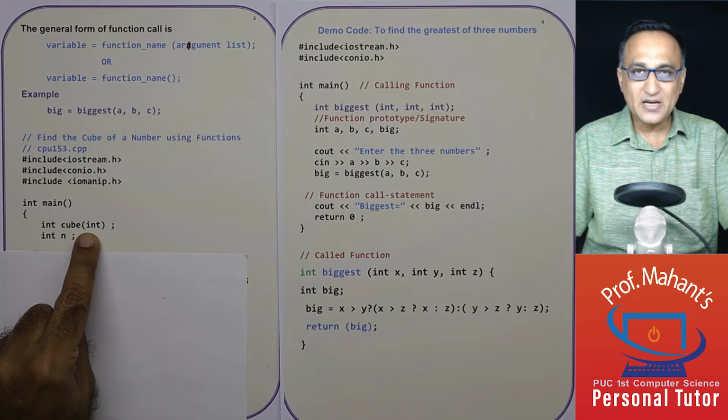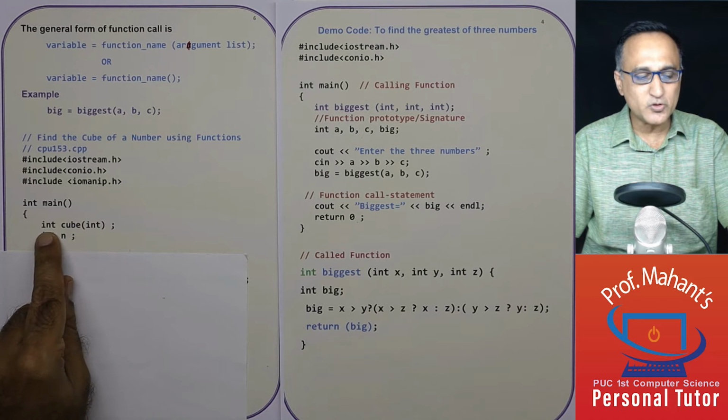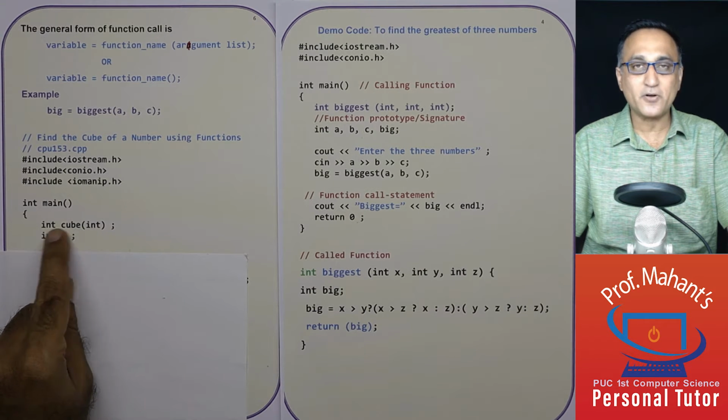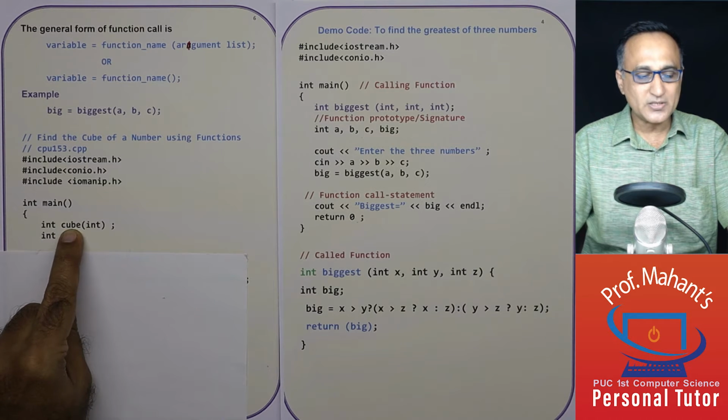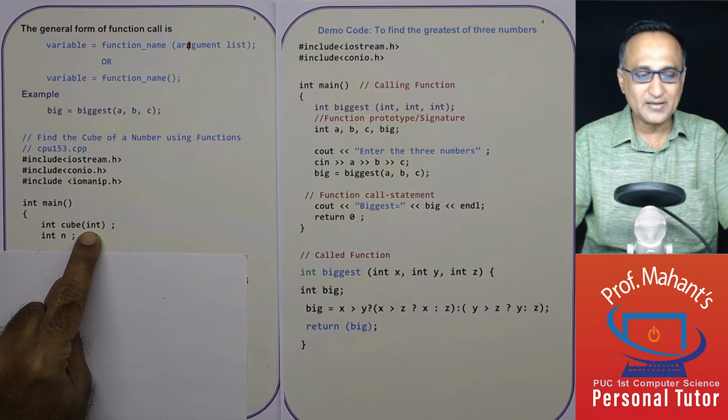It is accepting an argument whose data type is integer. After finding the cube, it is sending back a value whose data type is also integer. This information is very important for the compiler. That is the reason you included the header files, because header files contain this prototype declaration, which is useful for the compiler to check whether you are sending the correct parameters of the right data type.